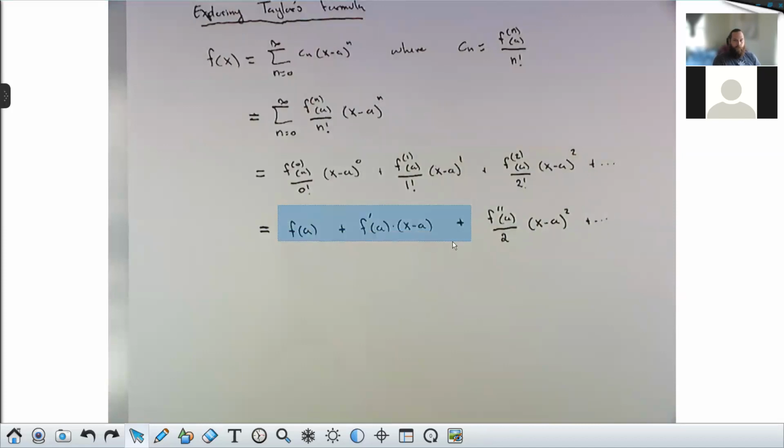Look at these first two terms. What is this? Think back to Calc 1.